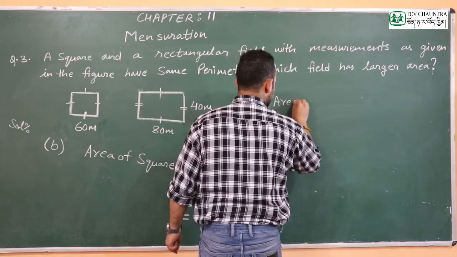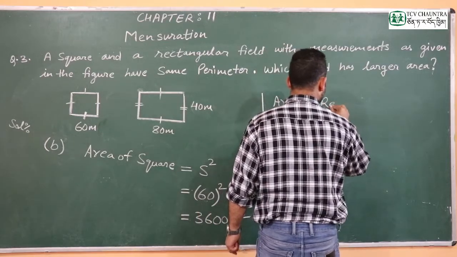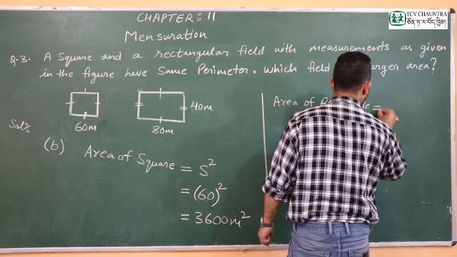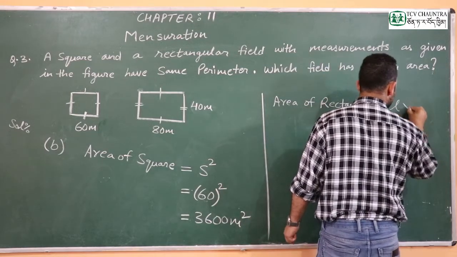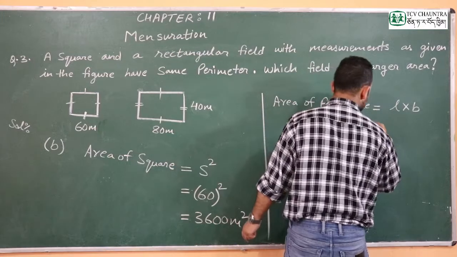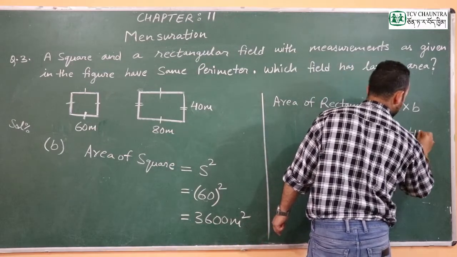On the other side you are going to find the area of the rectangle. The formula is length into breadth. The value of length is 80 meter and the value of breadth is 40 meter.